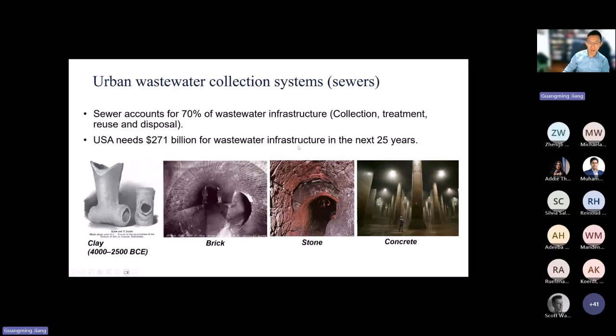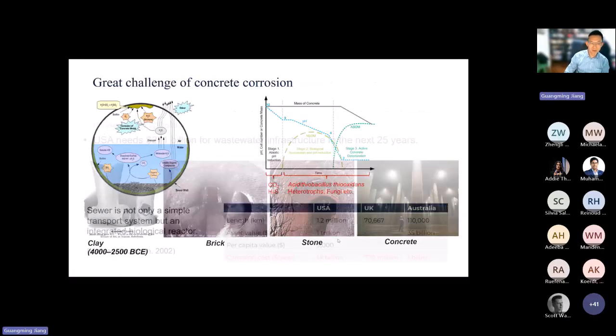Wastewater infrastructure has usually been built for a very long service life, so most of our wastewater infrastructure has been in place for very long. That means, for the United States, they need $271 billion to rehabilitate their infrastructure for the next 25 years. So that's a huge problem there.